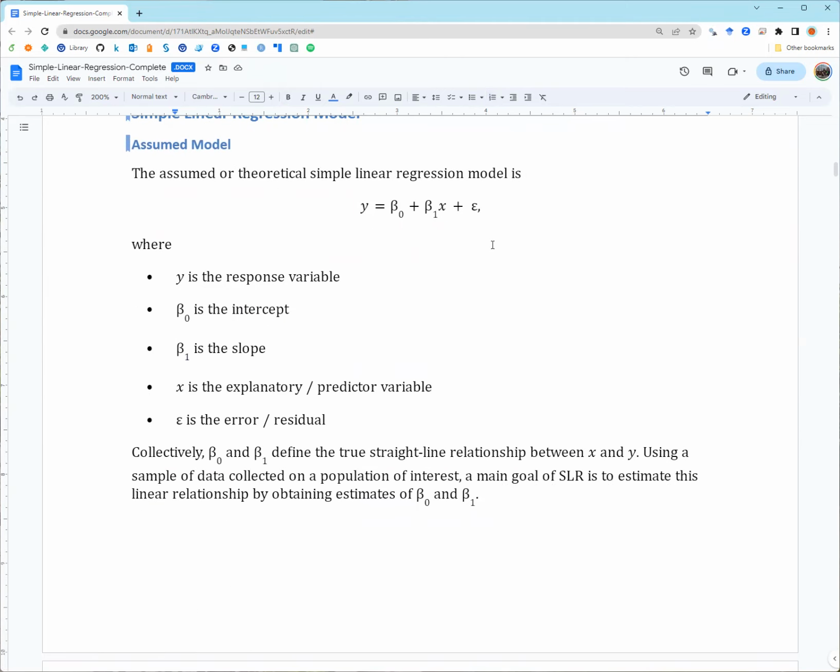In that case, how we can think about it is that to get a single patient's blood pressure, we start with the average blood pressure for someone with a dosage level of 0. That would be described by beta 0.